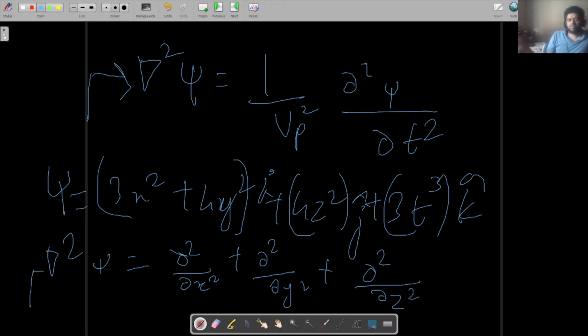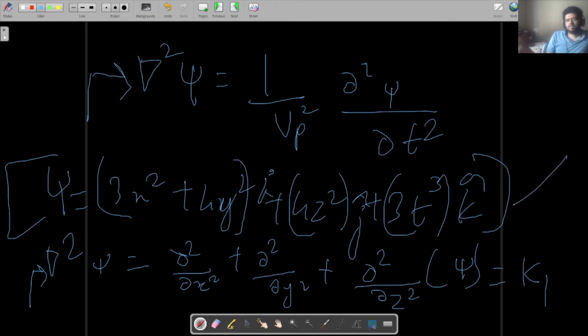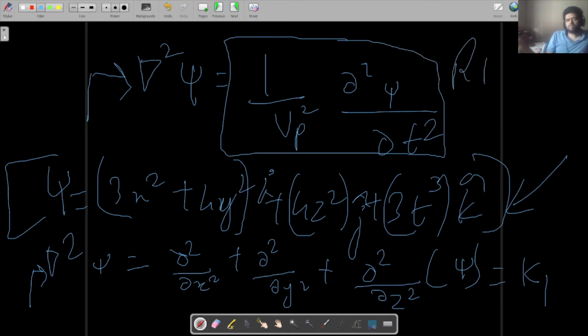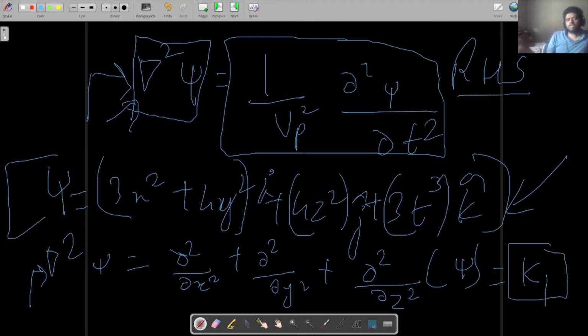First of all you will put the psi value over here in the LHS, and you get some quantity, suppose k1, a constant. Then you substitute this value of psi in the RHS and you get some quantity k2.